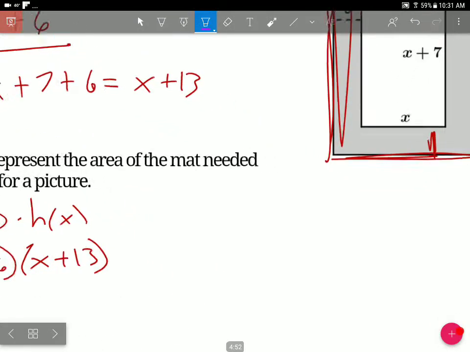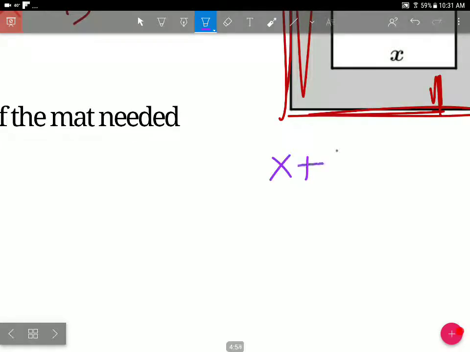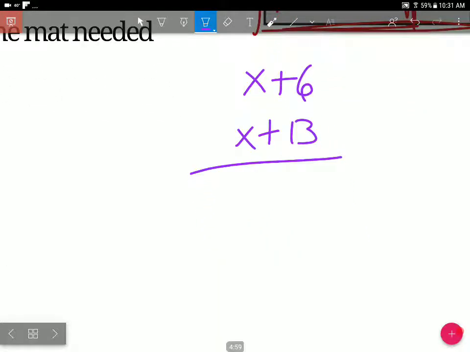So here we're going to go over to the right. x plus 6 times x plus 13. What's 13 times 6? Anybody know? What's 10 times 6? 60. What's 3 times 6? 18. Good. So what's 60 plus 18? 78. What's 13 times x? 13x. All right, move over to the x. What's x times 6? And what is x times x?